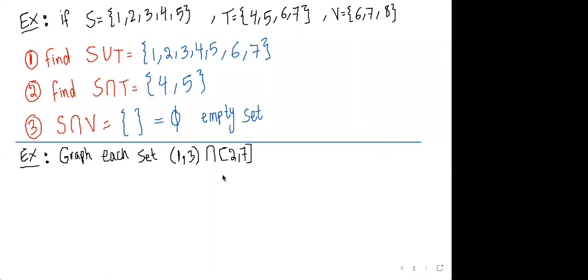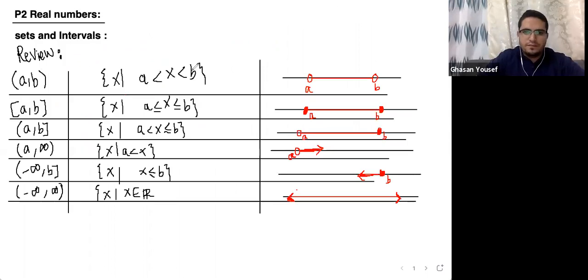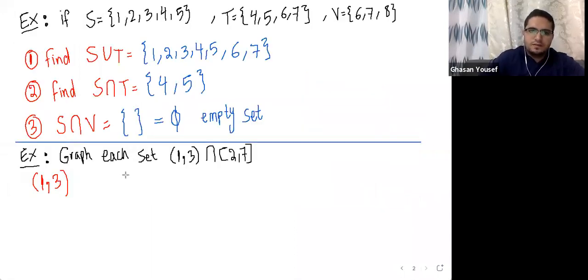Okay, to do this one, we have to graph. So how do we do it? First thing, you have to graph the interval, the open interval from 1 to 3. The graph for this one is the same as the first one. The graph for the first interval, the open interval, is exactly like this one. So let's graph it. So here is the graph.